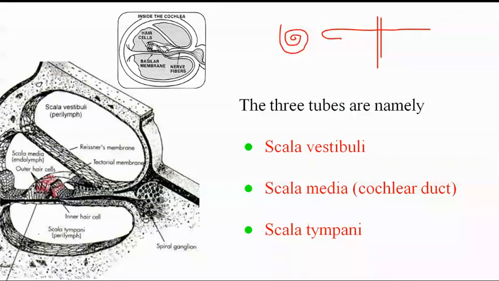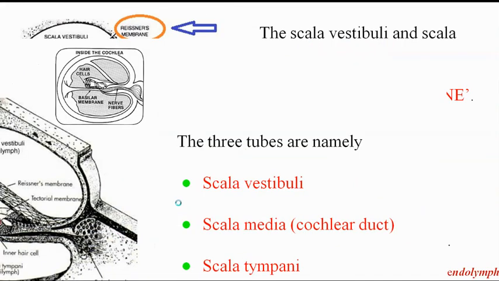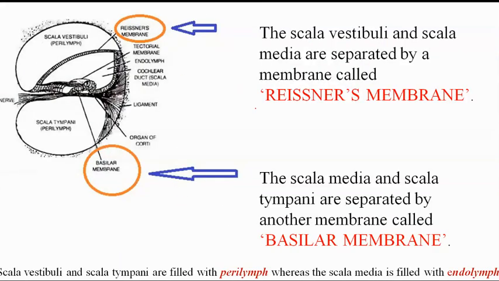Dividing the scala media and scala vestibuli, you have a membrane here which is called Reissner's membrane.